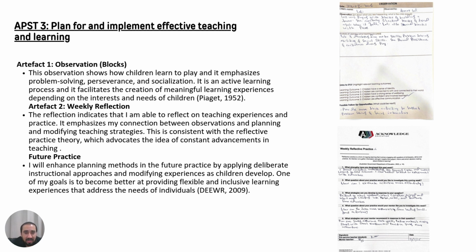The second artifact is a weekly reflection in which I reflect on my teaching and see what I want to improve. This is in line with the theory of reflective practice by Schön. Collectively, these artifacts illustrate my ability to use observation and reflection to design successful learning experiences. My strategy of planning and teaching will be further enhanced in the future.